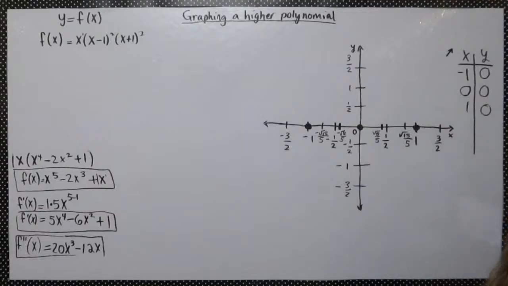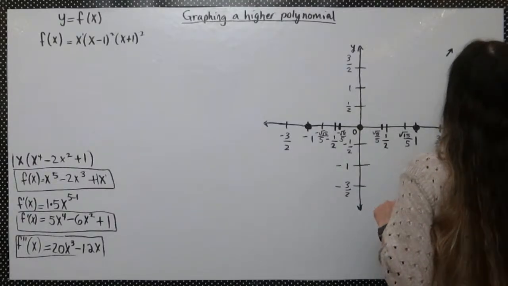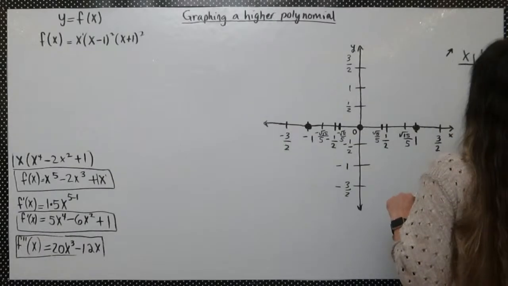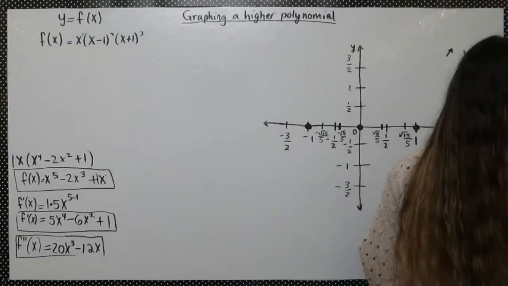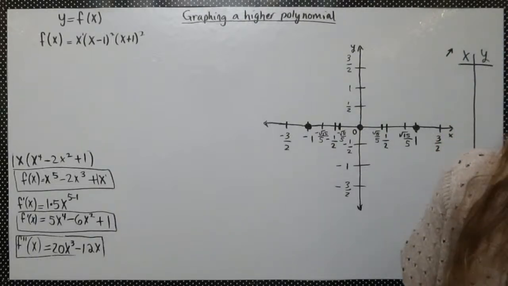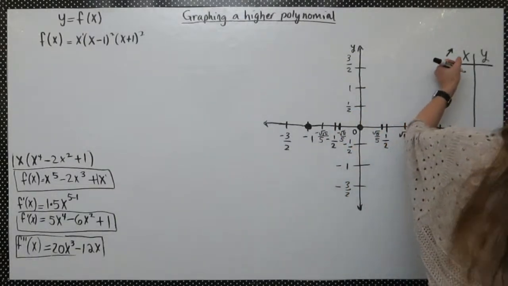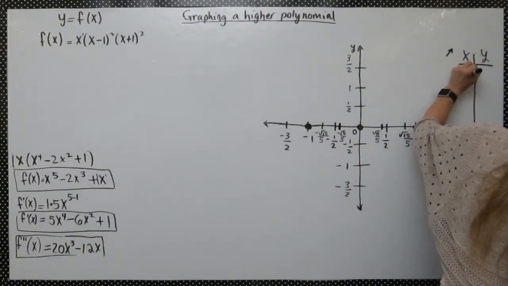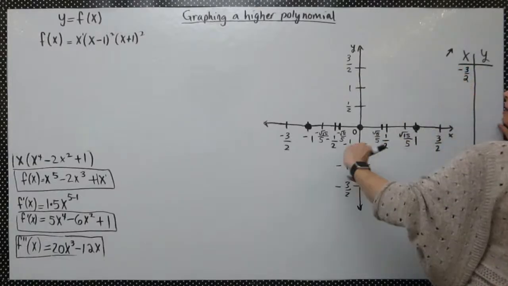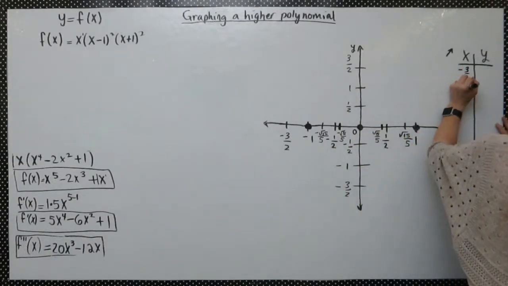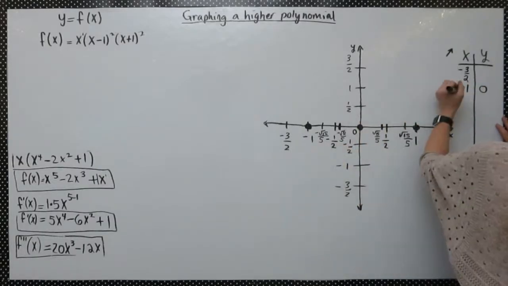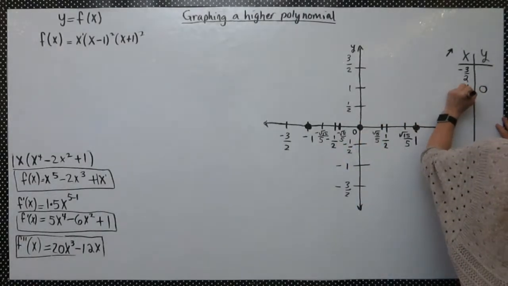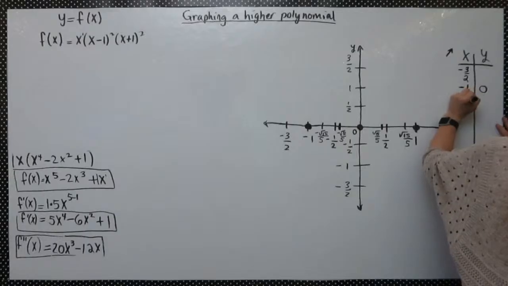All right. And I'm going to go ahead and list the values in my domain on my table that I want to evaluate. We're going to start with -3/2. And we're going to evaluate -1. We already know it's 0. Negative radical 15 over 5.